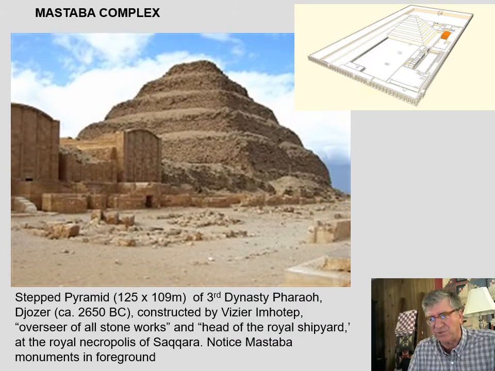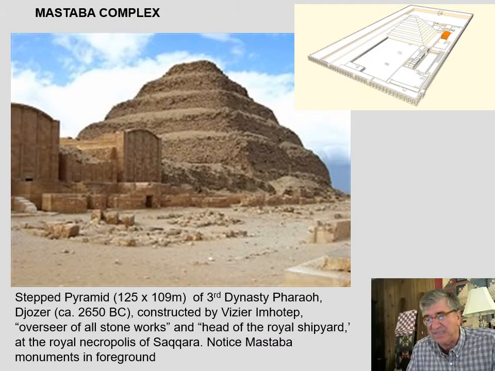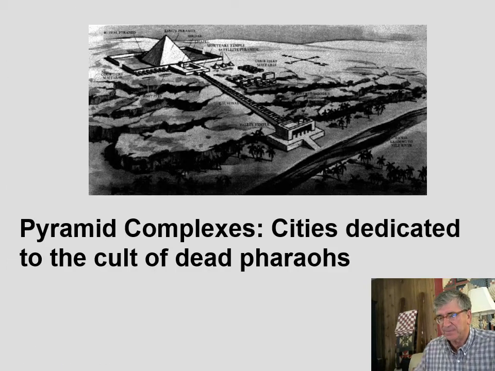This is of the pharaoh Djoser, supposedly designed by his vizier and architect Imhotep in the third dynasty around 2650 BC. The thing to bear in mind is that each pharaoh would get one of these complexes.